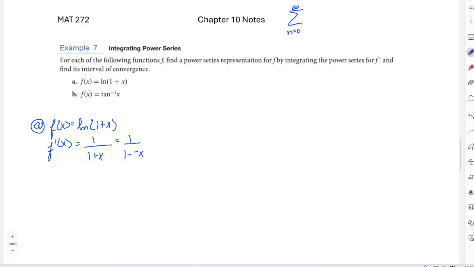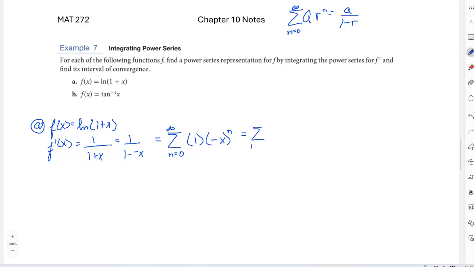The sum from n equals 0 to infinity of a r to the n is equal to a over 1 minus r. So then we can think about that sum. My a is 1, and my r is negative x.